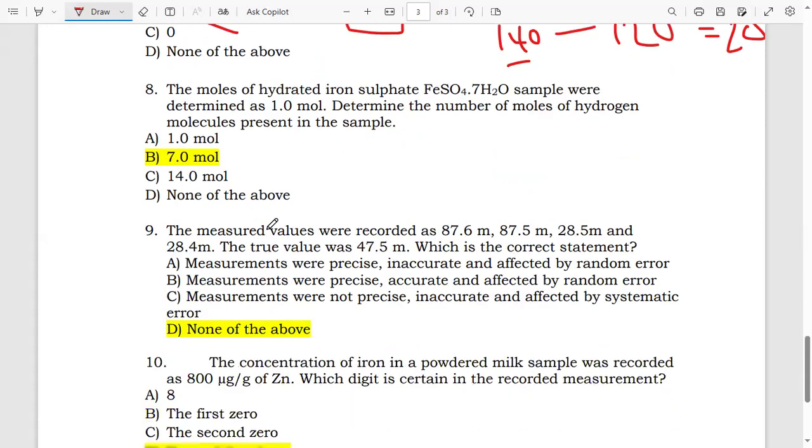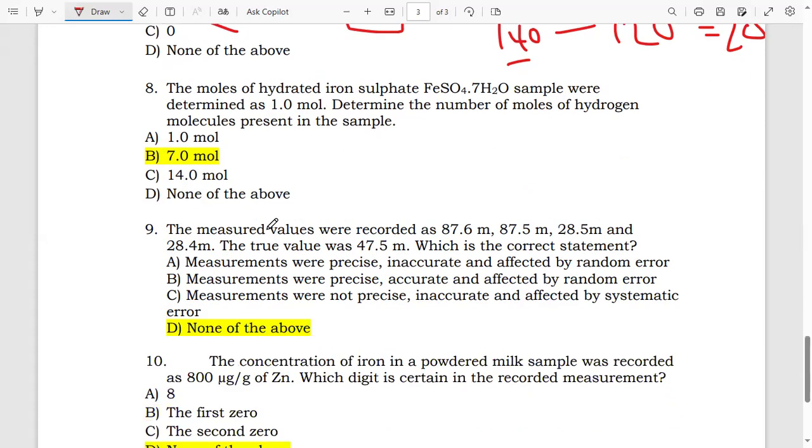Okay, let's look at question number 8. The understanding of this question 8 will help you answer question 1 of tutorial sheet 2 in your tutorial manual. Here we just have to know how to get the mole ratios.